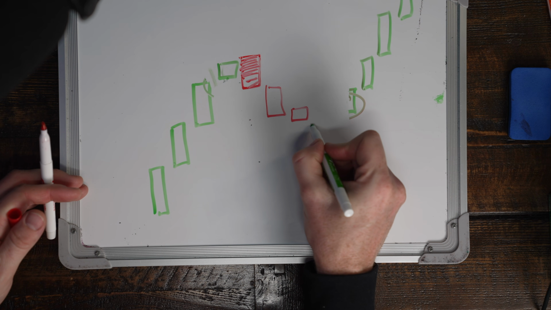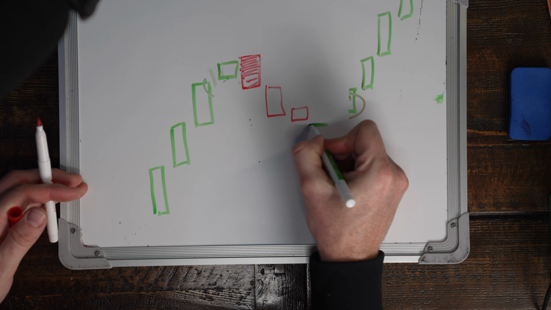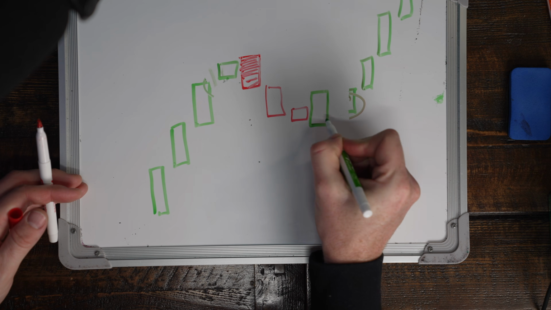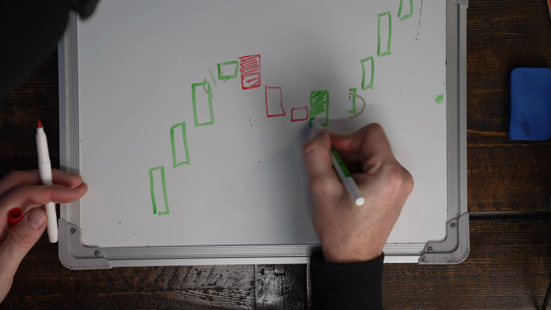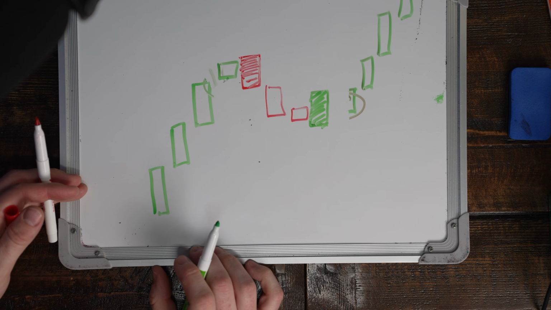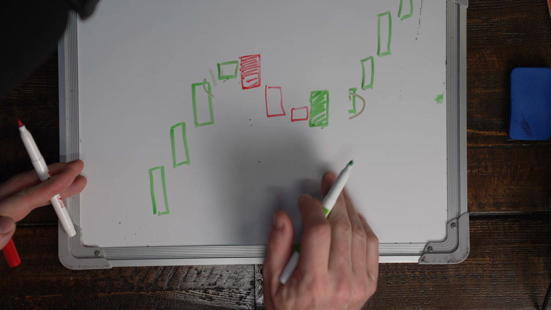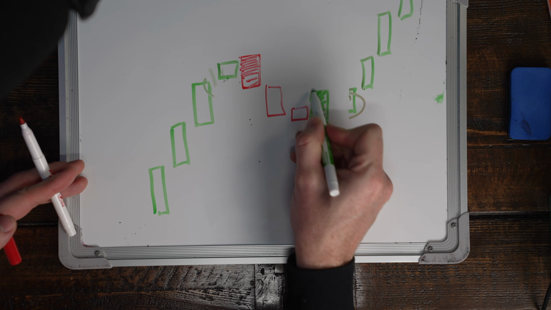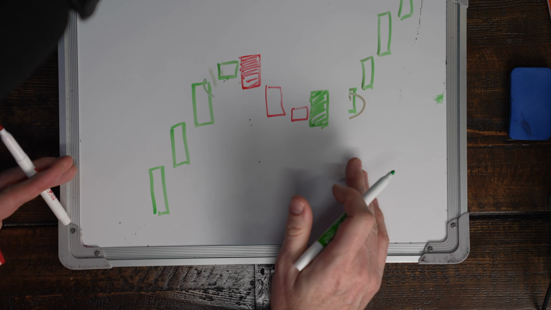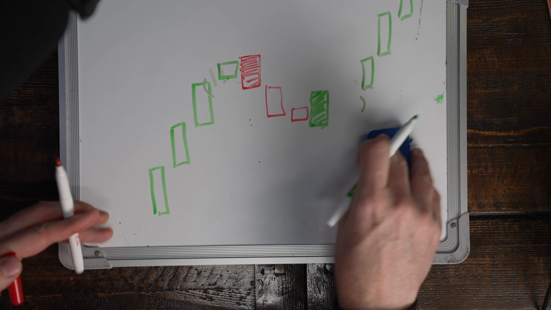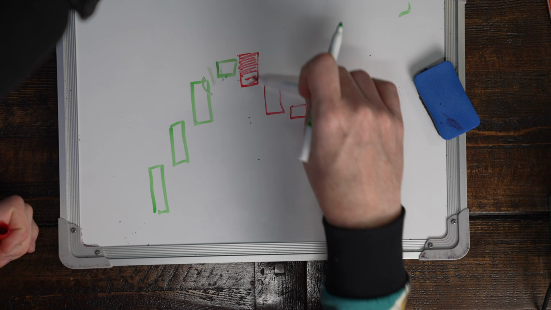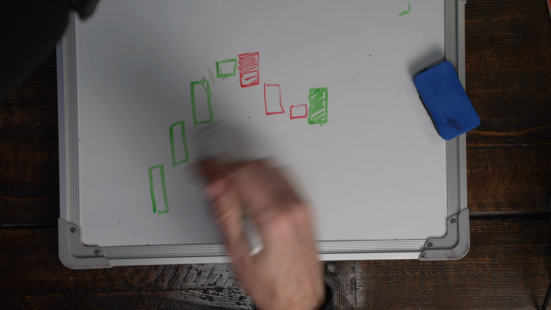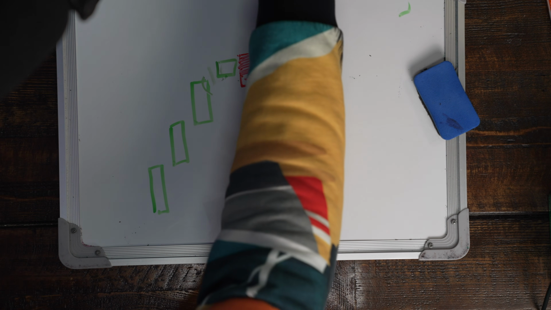And then this candle opens down here, has to gap just slightly lower, and then it completely engulfs it going back up. So engulfing candles are not as common because they do require a slight gap down to fully engulf the previous candle, but they can happen, and they're quite strong in sentiment. Whether it's bearish or bullish depends on whether it's green or red, but they are pretty powerful candles.